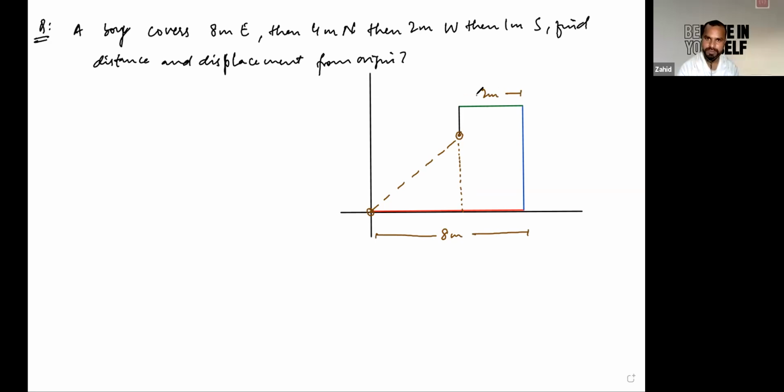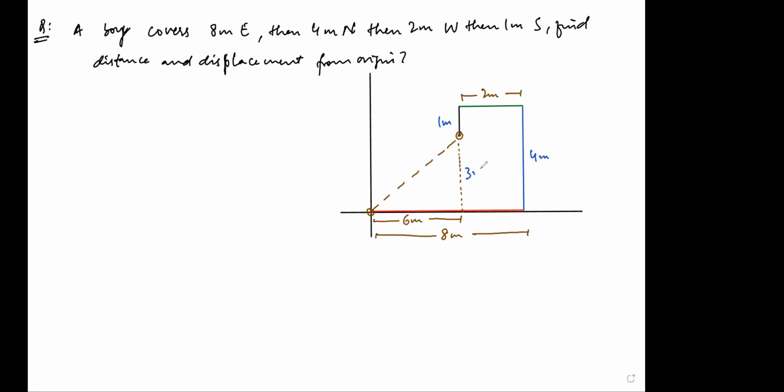So 8 minus 2 becomes 6 meters. Is it clear, Mariam? Yes, sir. Similarly, you have this length as 4 meters and this length as 1 meter, so you get 4 minus 1, 3 meters.